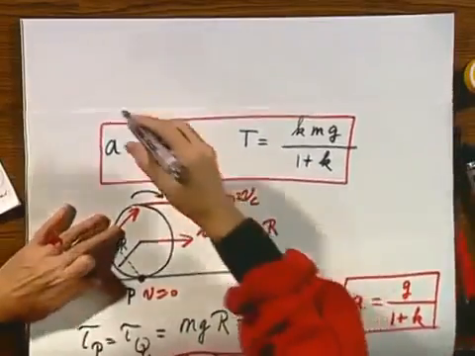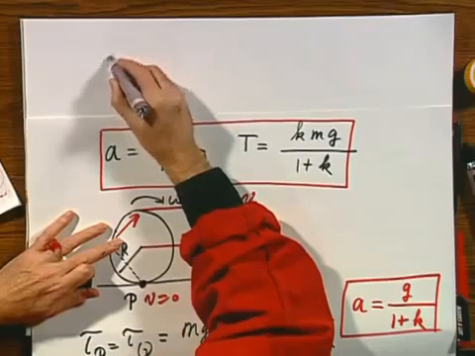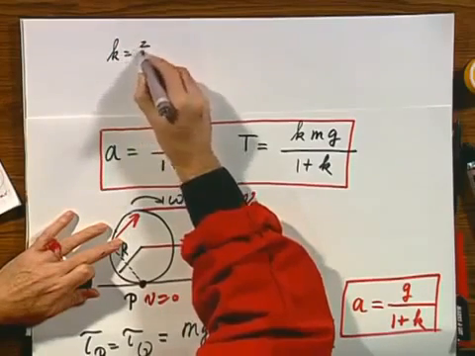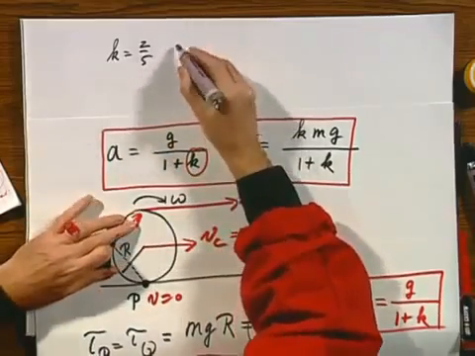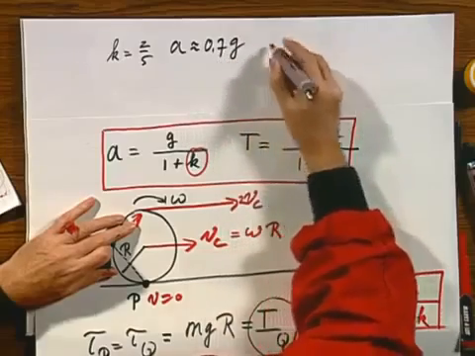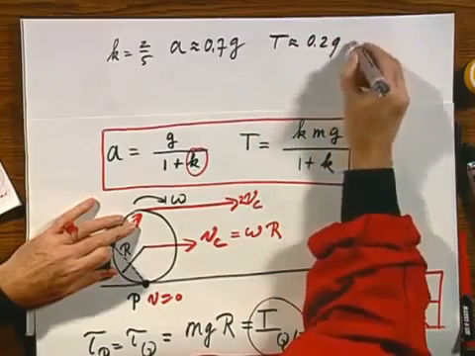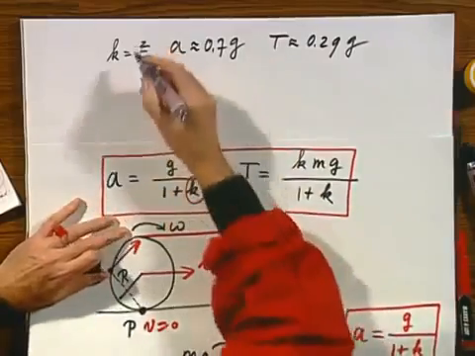Let us take some cases whereby K is 2/5. Just to give you some feeling for it, A would be roughly 0.7 G, and the tension would be roughly 0.29 mg. So this would be a solid sphere.